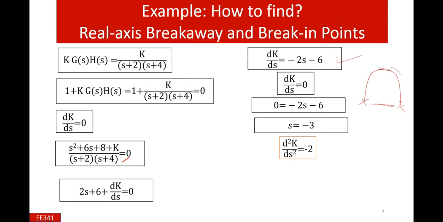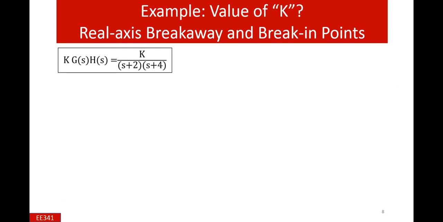After that the slope is decreasing, so the second derivative is negative. In this example, with the same open loop transfer function, we defined the criteria for how to find the value of k when the point is defined. So this point is a breakaway point.